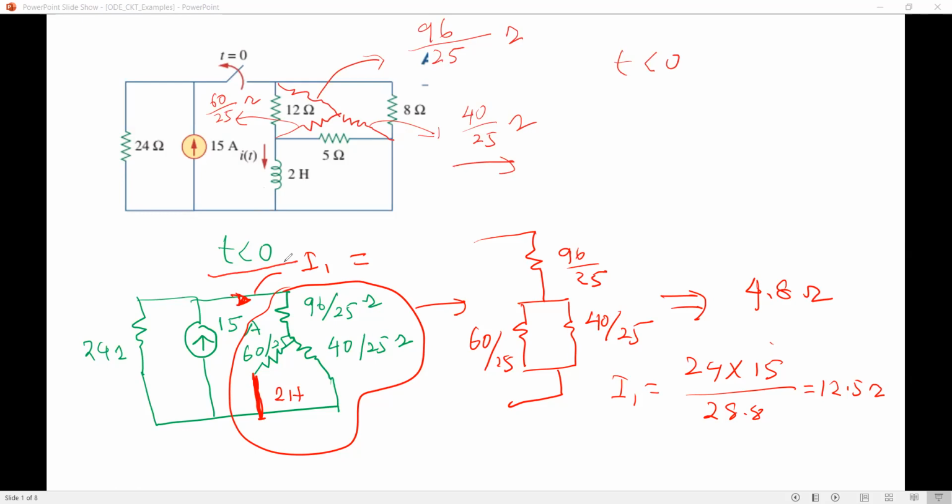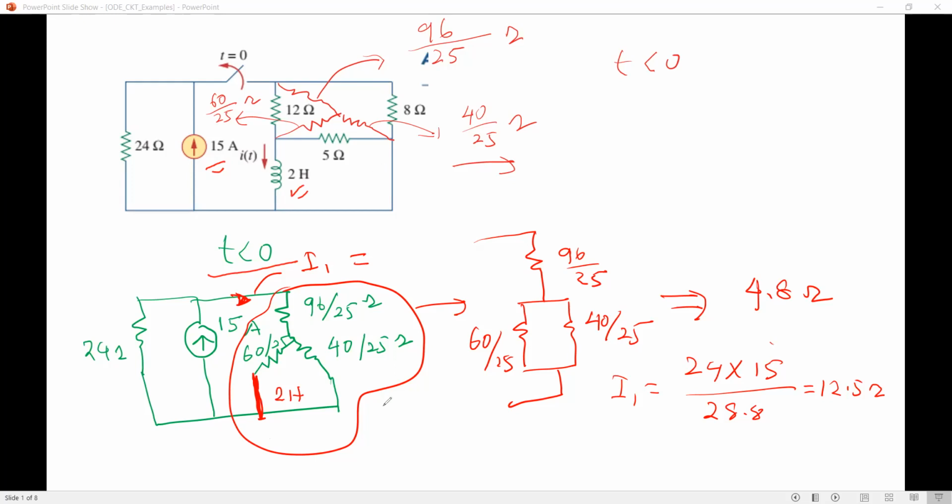When time t is less than 0, the switch was closed and the circuit was in steady state. As the source is a DC current source, the inductance behaves like a short circuit. The part of the network comprises a delta, which you can convert into Y very simply.